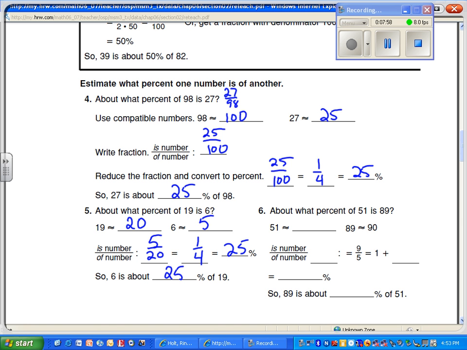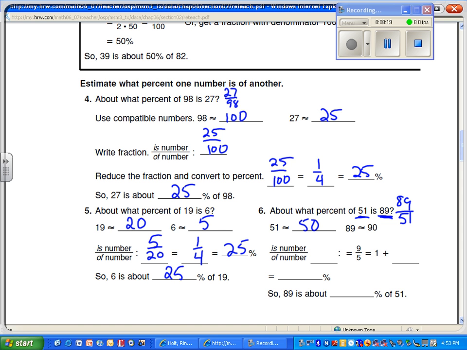All right, number 6, about what percent of 51 is 89? Now please notice this time that our part is actually larger than our whole. Just make sure you have the is, 89, over 51. Make sure you have that straight. Let's change the 51 to 50 and the 89 to 90.